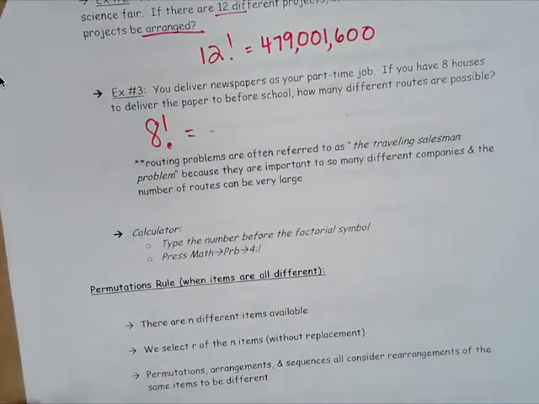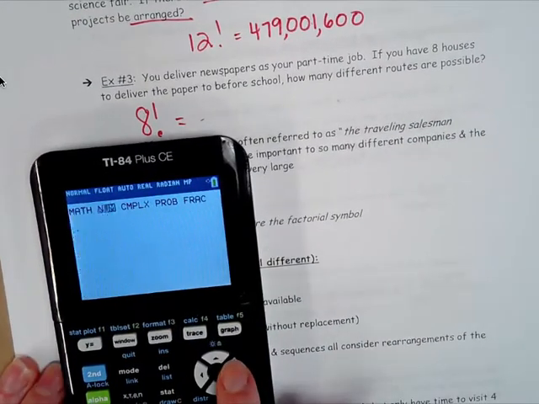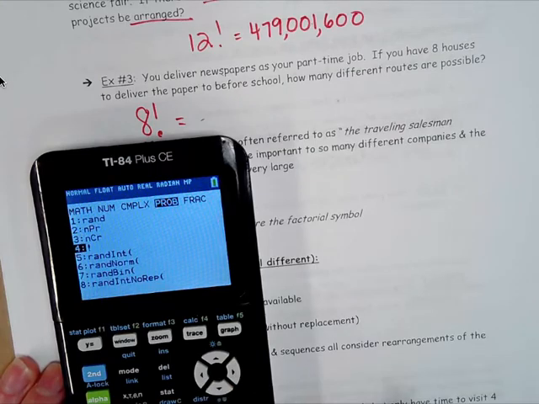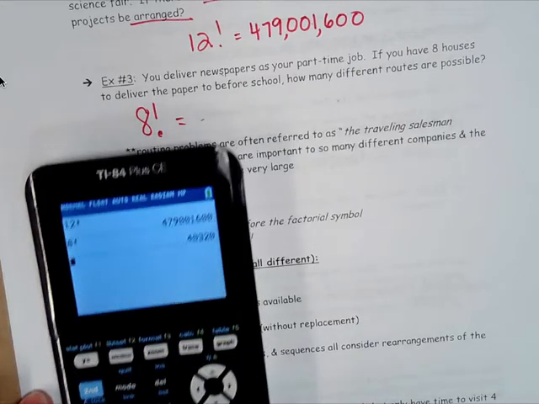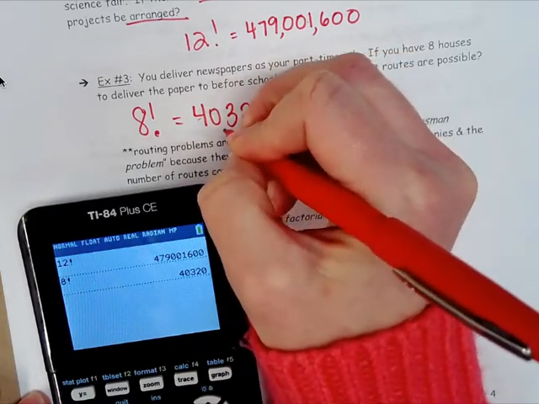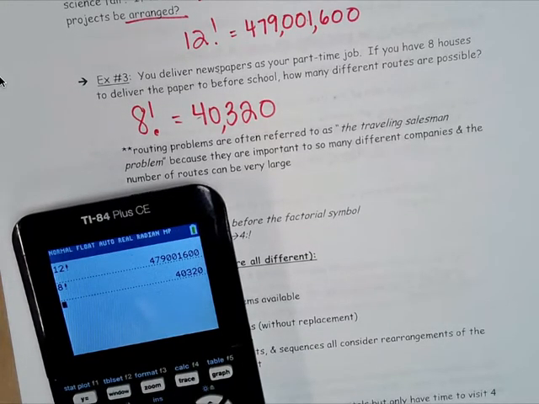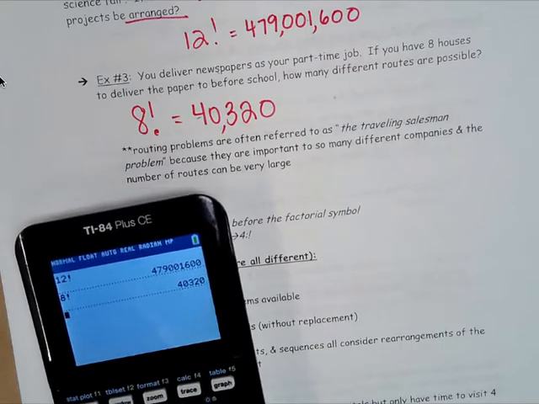So 8 factorial. 40,320 different routes. A routing problem is often referred to as the traveling salesman problem because they are important to see many different companies and the number of routes can be very large.